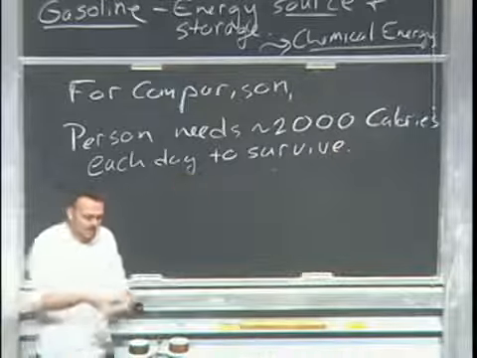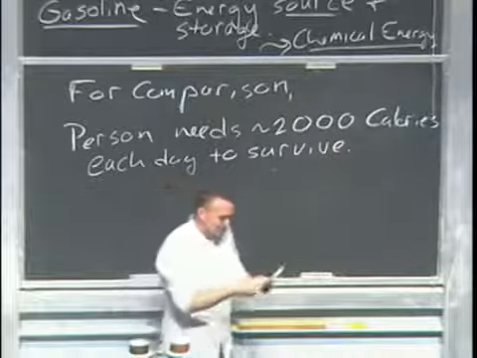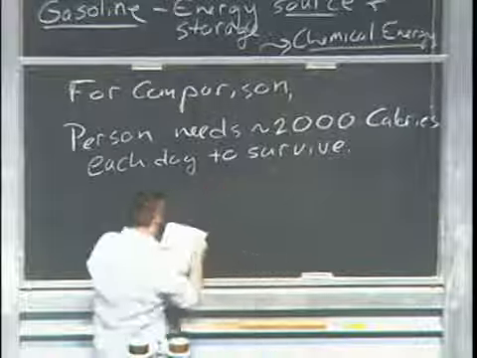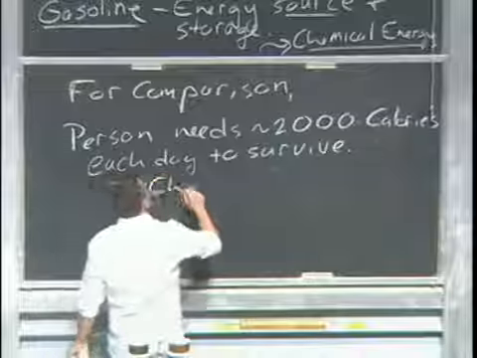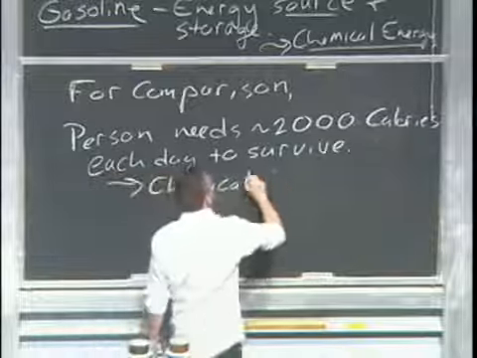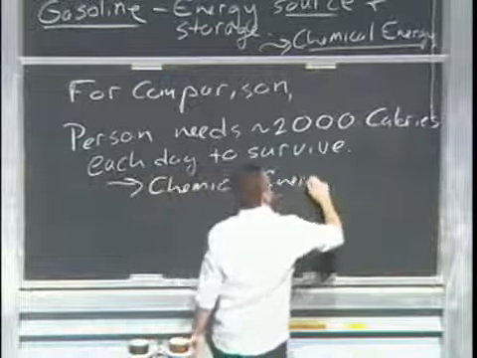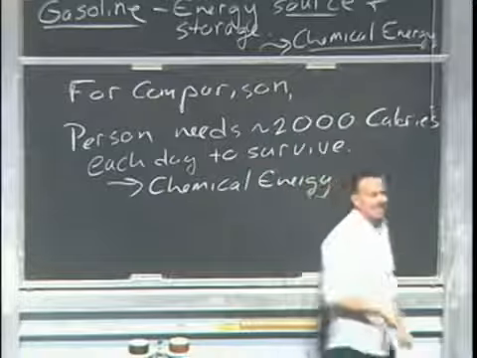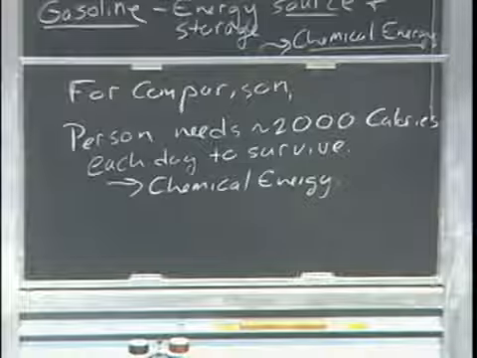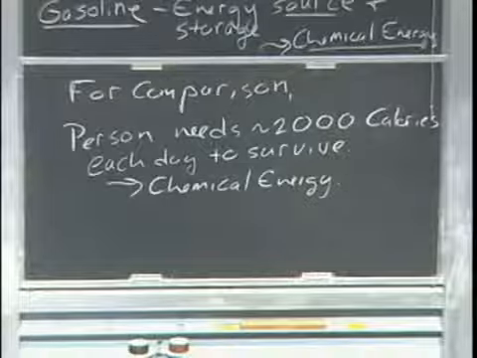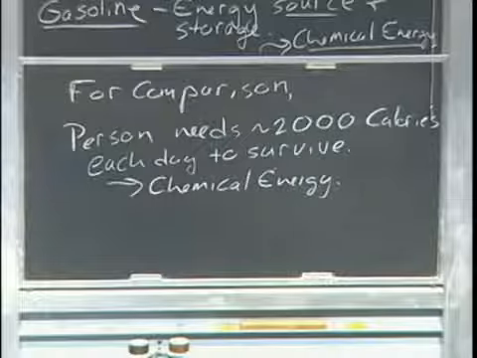Okay? That energy, of course, is usually provided by chemical energy. In this case, in the form of tasty food, hopefully not gasoline. Okay, so, but it's still chemical energy.